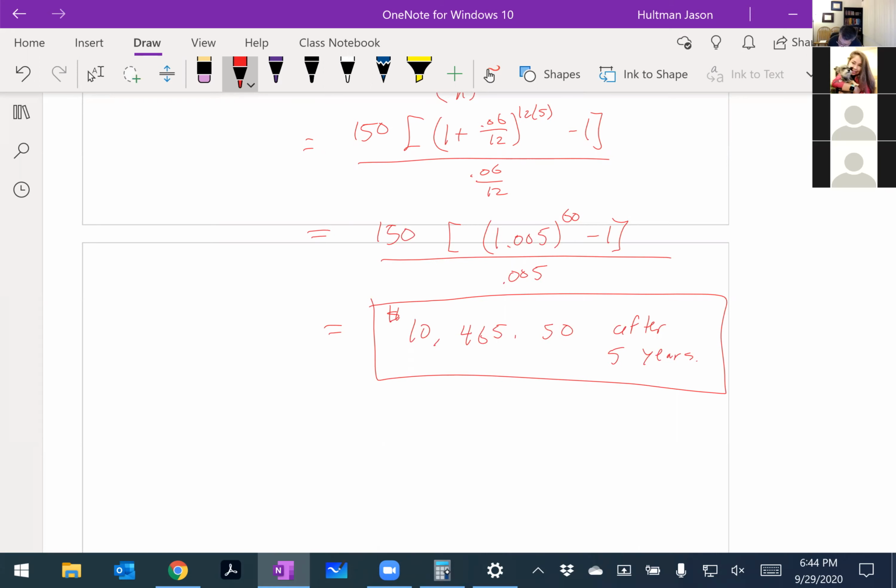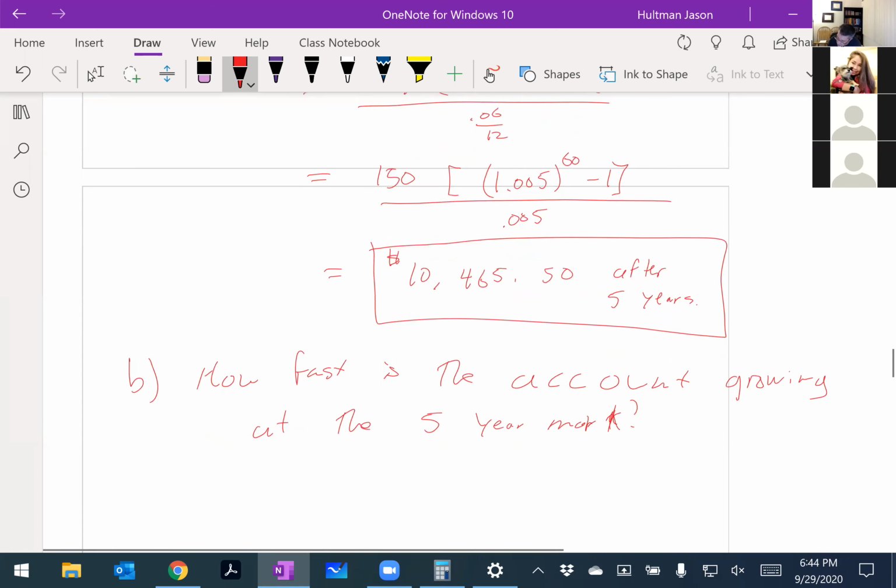Part B is how fast is the account growing at the 5-year mark?